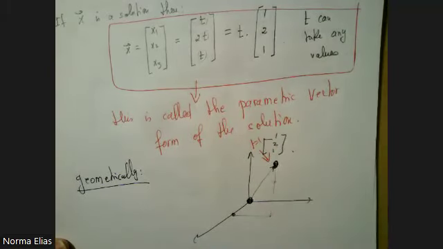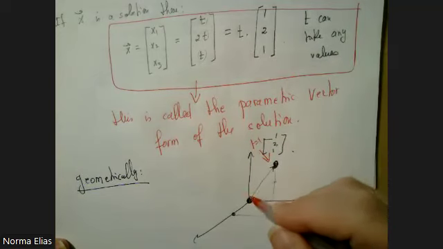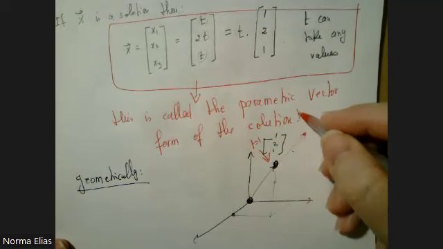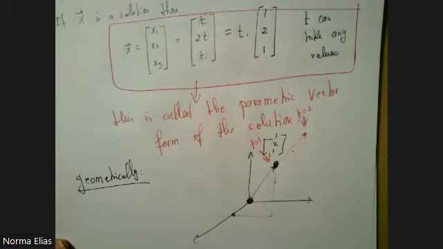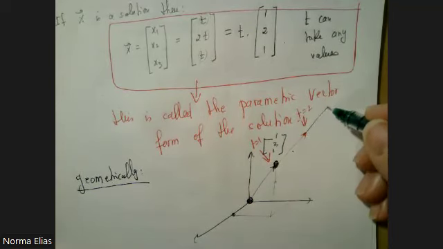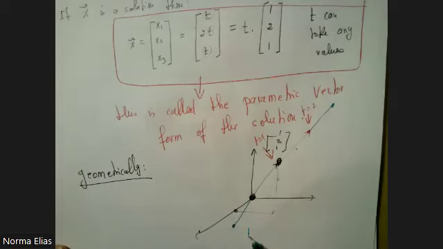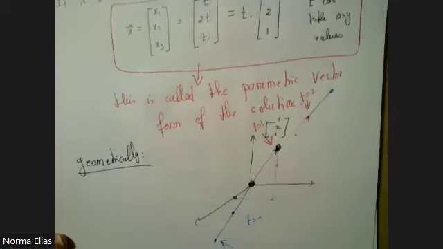If I take T equal to 2, it means 2 times 1, 2, 1, so I get this. T equal to 3, I get this solution right here. T equal minus 1, I'm getting a solution down here. T equal minus 2, I'm getting the solution down here.